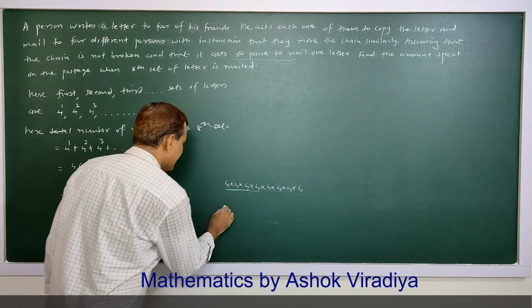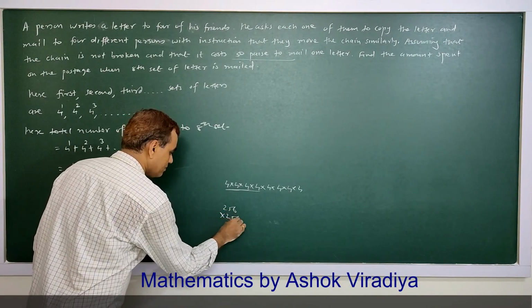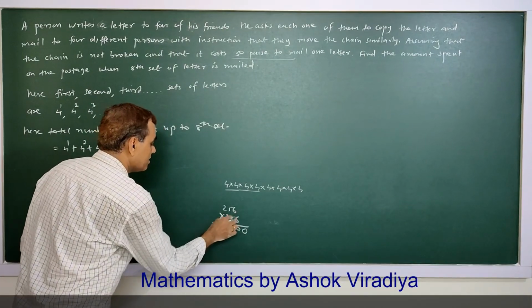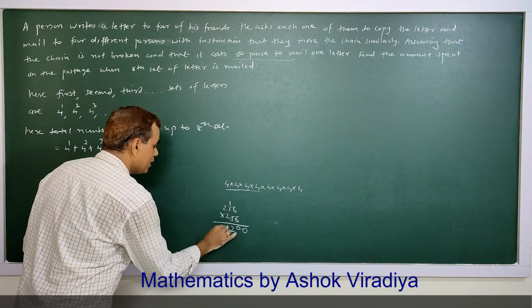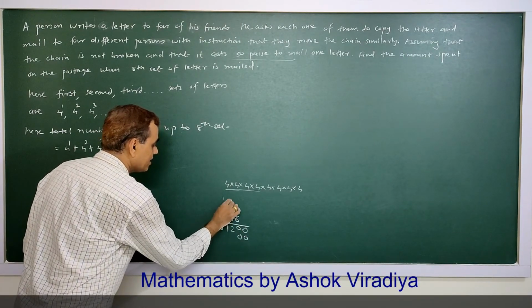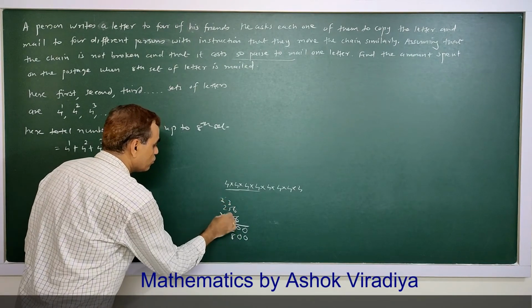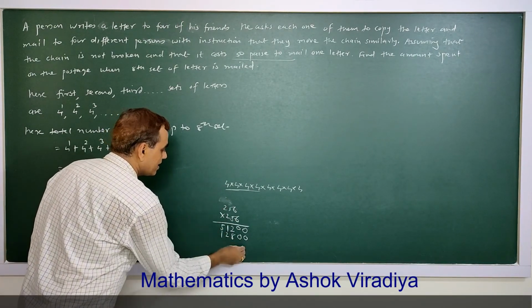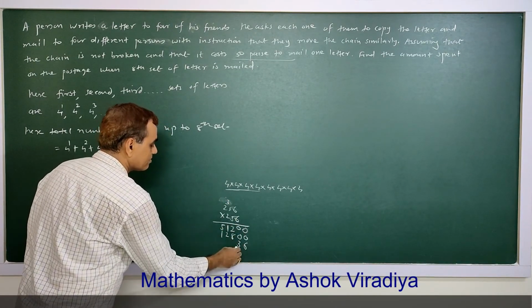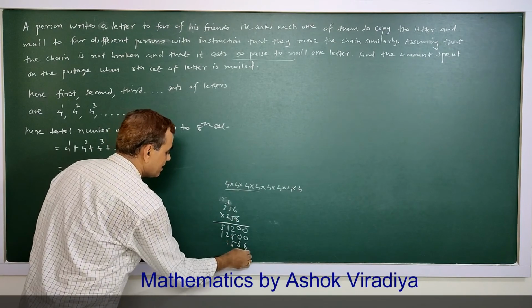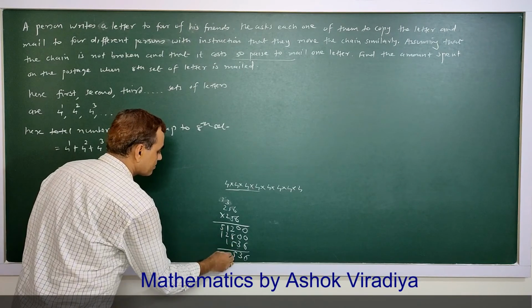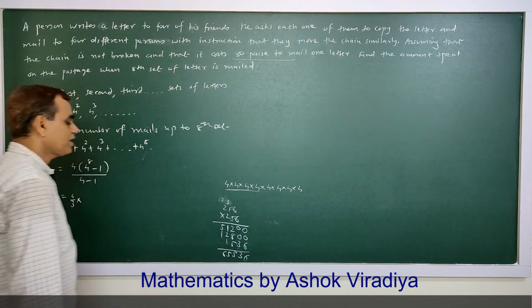So 256 into 256, multiplying this gives 65,536.